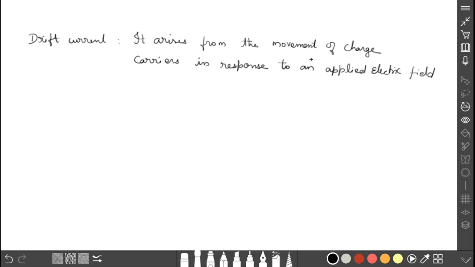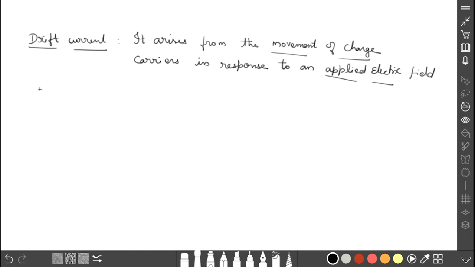When we apply the electric field, only then is the drift current produced due to the movement of charge carriers. Electrons move in one direction and holes move in the other direction, so the movement of charge carriers produces current. That current is called drift current. I hope you understand the definition of drift current.